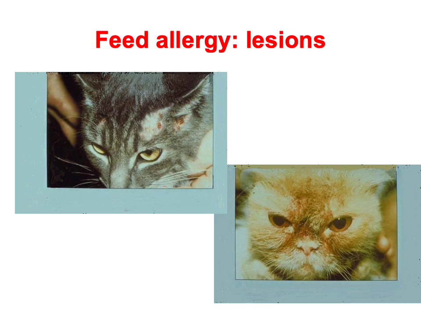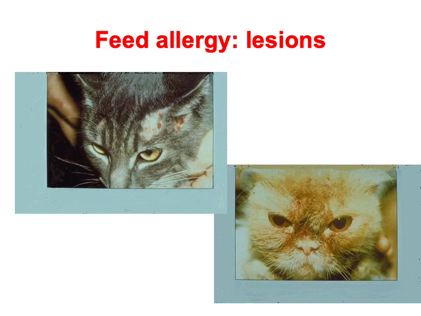In cat, the lesions are mostly on the head. You can see here the lesions on the head in the left picture, or secondary processes after self-scratching. The crust building is also typical in this cat.